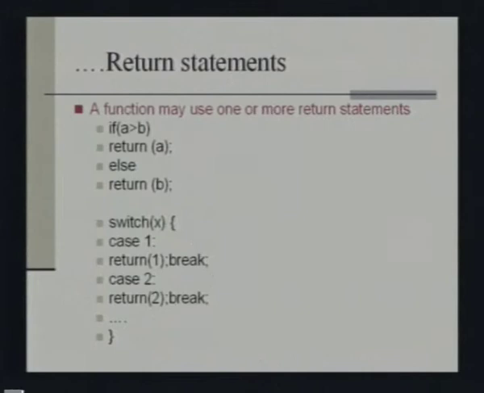So here is an example where if the values a and b are evaluated, if a is greater, we have to return a or we have to return b. The same is true for a switch case construct also. If case 1 is true, then we have to return the value 1, and if case 2 is true, we have to return the value 2. So such exceptional conditions may occur where in a single function we may have more than one return statement, but the ultimate value that is returned is only 1 in number.